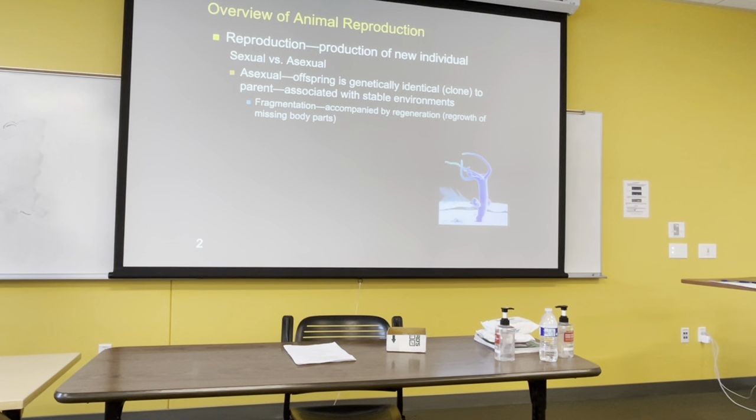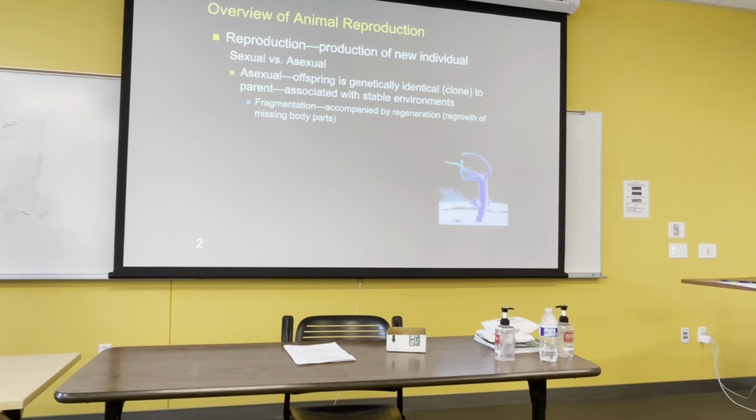Fragmentation also can be accidental. Flatworms have a very high ability to regenerate lost parts. You can take a flatworm, and I used to do this in lab, cut them into 3 pieces, and students had to feed them and look at them every time they came into the lab.